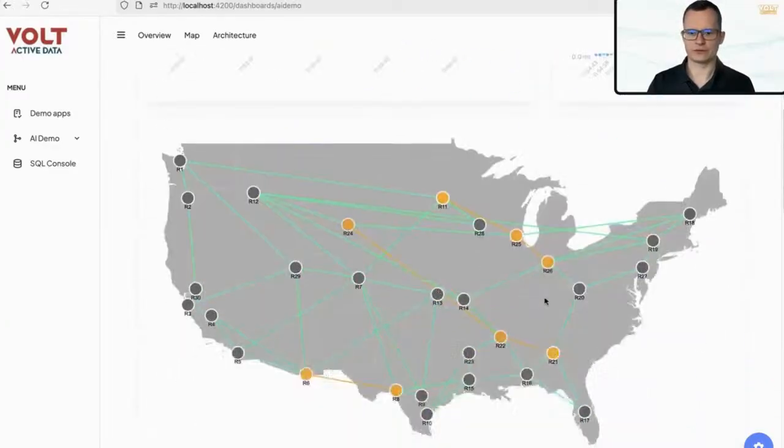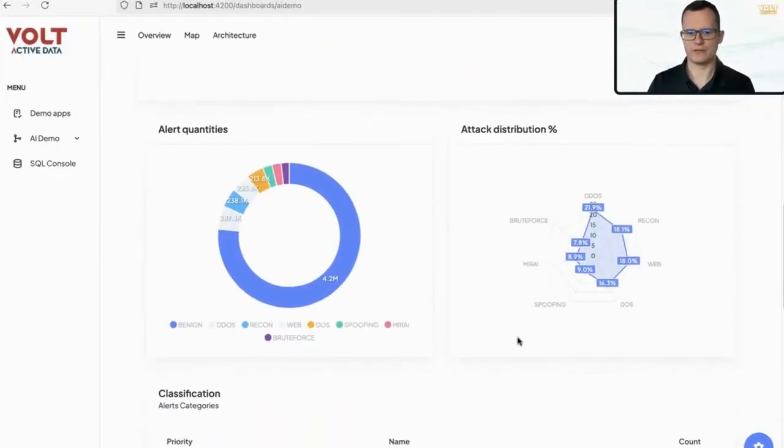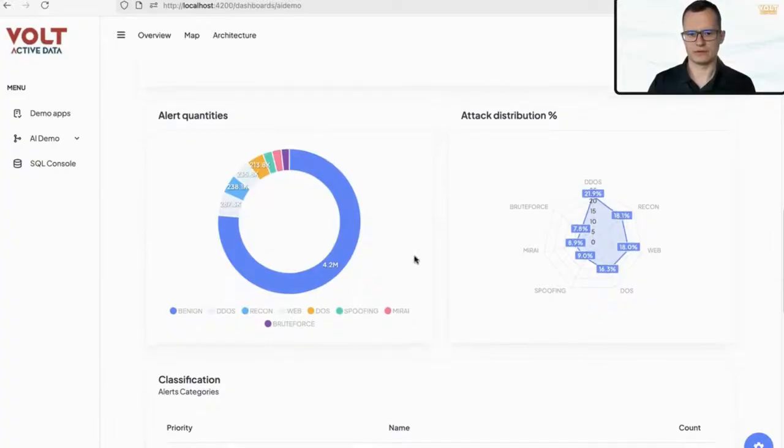We have also some more information here about alert quantities and attack distribution. So you can see that most of it is, of course, the benign traffic, and we have some information on what kind of other attack classes are there, and the attack distribution, which is being updated here.